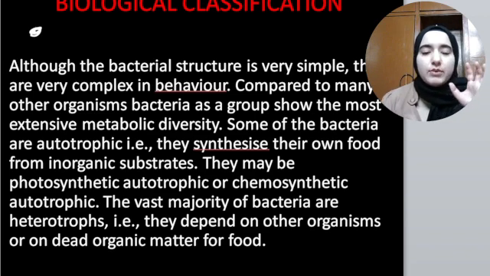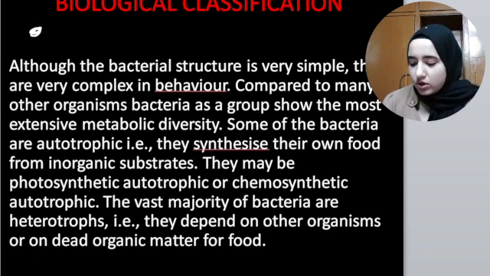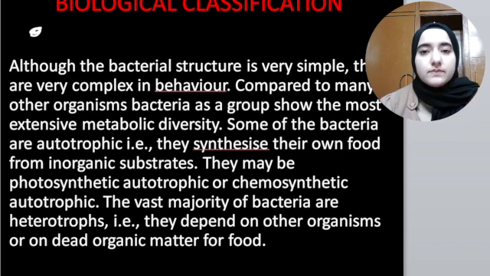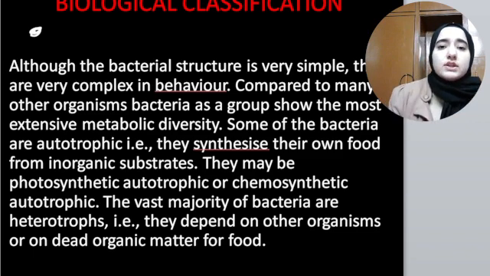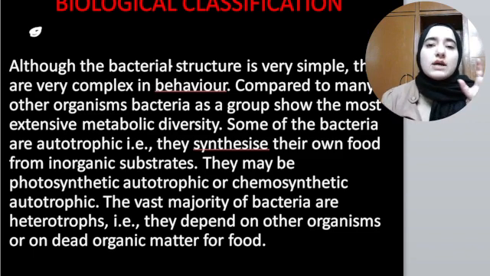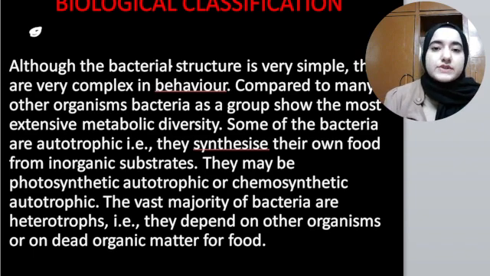Some of the bacteria are autotrophs, they synthesize their own food. Either they are photosynthetic autotrophs, they prepare their food in the presence of sunlight, or some of them are chemosynthetic autotrophs. Chemosynthetic autotrophs are those which depend on chemicals, which make their food by chemicals, okay?